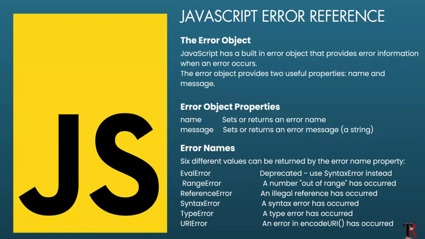Another error is the syntax error. A syntax error has occurred when there is an error in your code syntax. An example would be using a variable that has not been initialized. This will throw an error, or an instance whereby you are trying to call a property or use a method in your program in a way that is not supported.